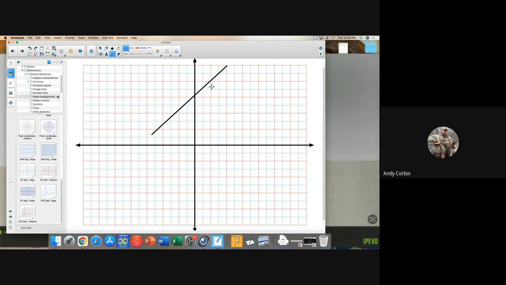Very straight line. Thank you. Even though I'm gonna have to erase it. There we go. Everybody draw this line.